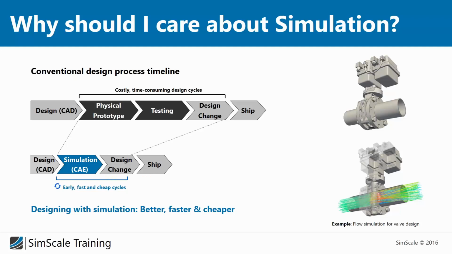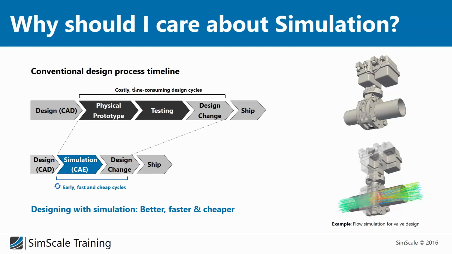Generally speaking, independent from the industry, the old and, let's say, traditional way of designing, developing, manufacturing, and shipping a technical product is that you at some point start with your design project, and usually at a very early stage, after you maybe made some assumptions and some preliminary calculations, you start to design your CAD model.